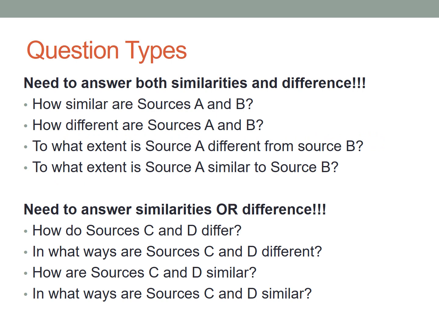First, we need to identify the question types. The question types tell us whether we need to answer both similarities and differences, meaning one paragraph for similarity and one paragraph for difference, or we answer just similarities, one paragraph for similarity, the second paragraph for similarity, or just difference.